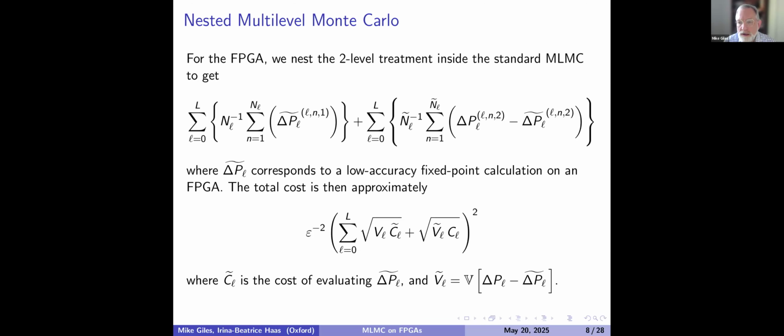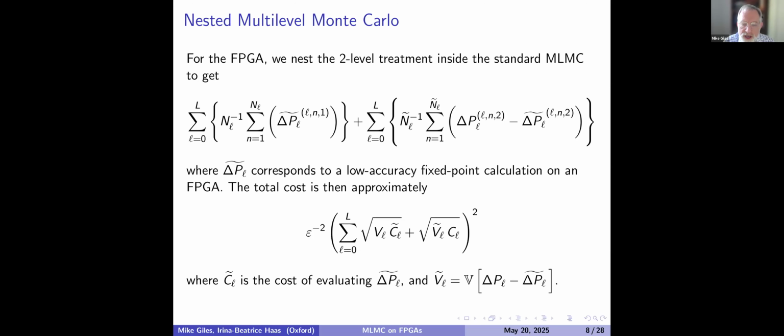And then if you analyze the optimal number of samples for all levels and for the split between the FPGA and the correction, overall the total cost behaves like epsilon to the minus 2. And again, we have a sum, but now on each level we have a sum of these two square root pieces.